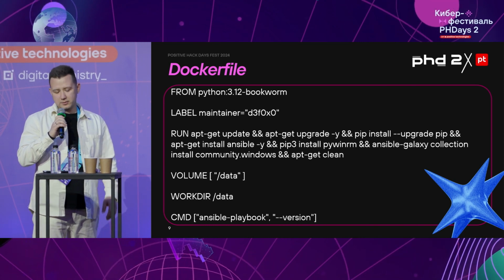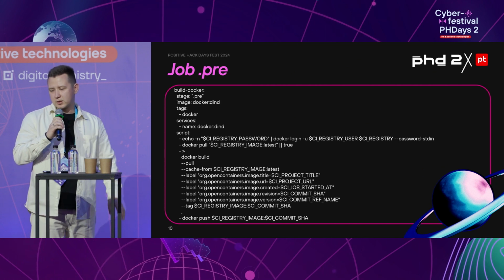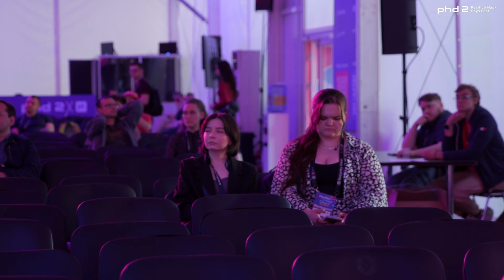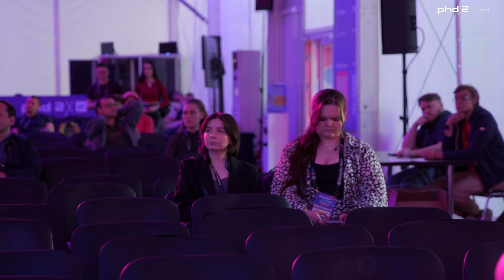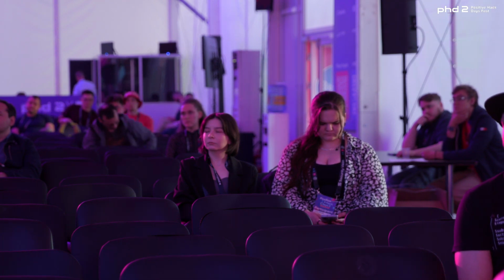Here is the Docker file with Ansible and Python. The job at the pre-stage looks like that. We use Docker in Docker, and we push to the Docker repository of GitLab, and we will use it at the next stages.